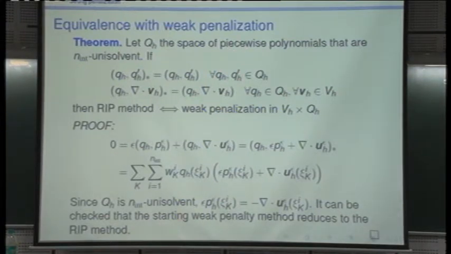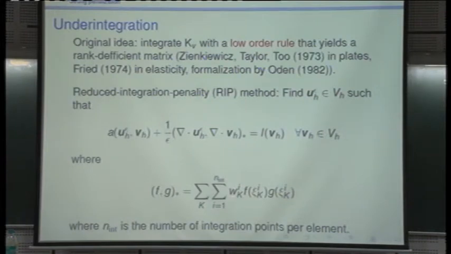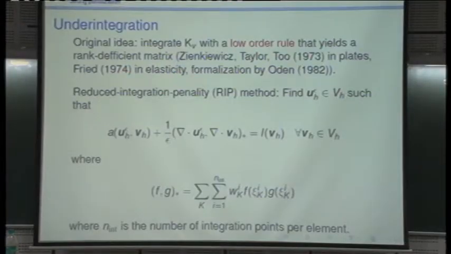For example, if you have a single integration point here, what is the space of unisolvent polynomials? Piecewise constants. If you have only one point, you can only define a polynomial of degree 0. If you have 3 points, you could define a linear polynomial. But if you have 2, again, it's only the constants, because you can only uniquely define a polynomial of degree 0. I'm talking in 2D. Do you understand what I mean? Okay. So that is what is unisolvent.